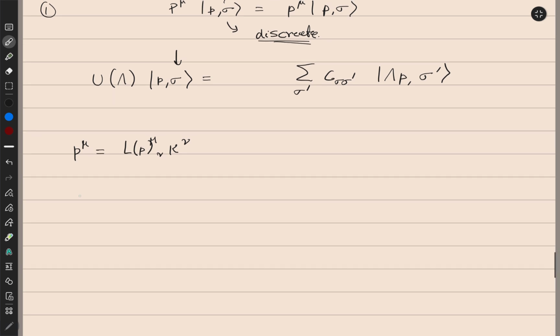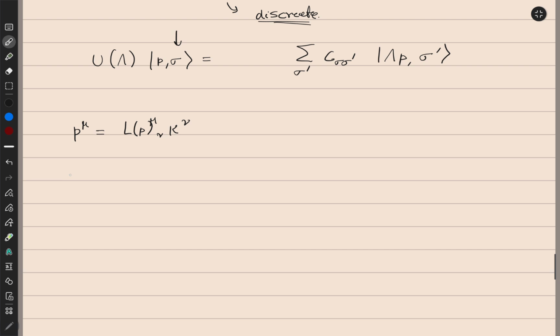The final result was that we can talk about a little group of the Lorentz group. The little group W has the property that it brings k mu back to itself, as in k mu is W mu nu k nu.